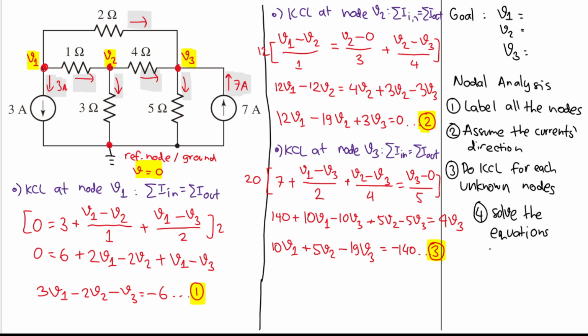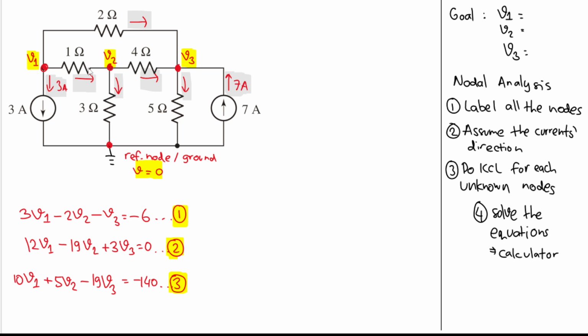So we will use calculator, right? And I will explain to you how to use calculator to solve this equation. Okay, maybe let's clean up these things. Okay, from the KCLs, we get 3 equations here. Equation number 1, 2, and 3. So now let's use our calculators to solve this system of equations.